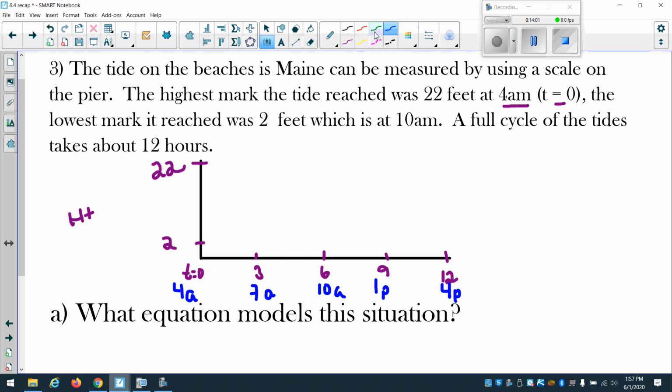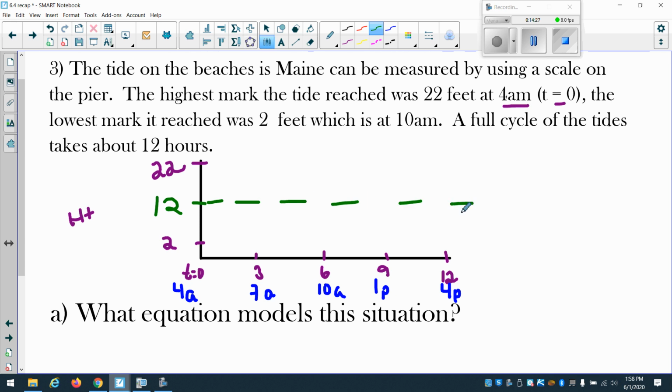So one last piece we're missing is the midline. Well, if we take 22 minus 2 is 20, divide by 2 is 10. However, we have to add 10 to 2 or subtract 10 from 22, which is 12. Okay, so with this, you have your midline.